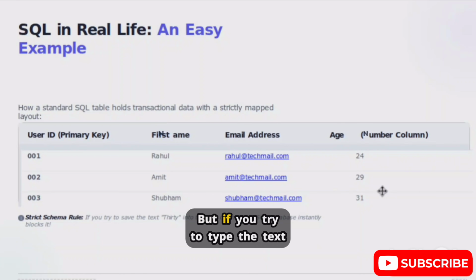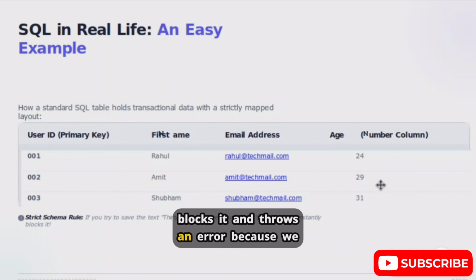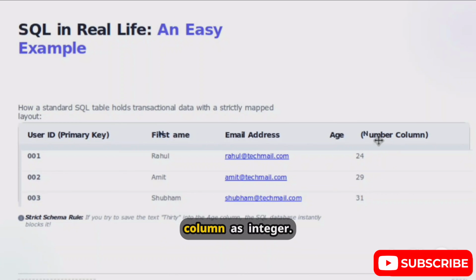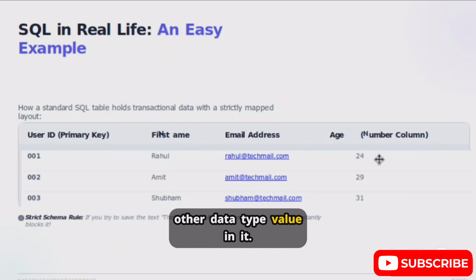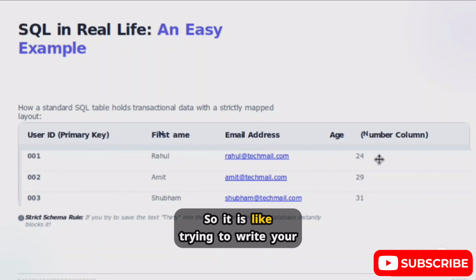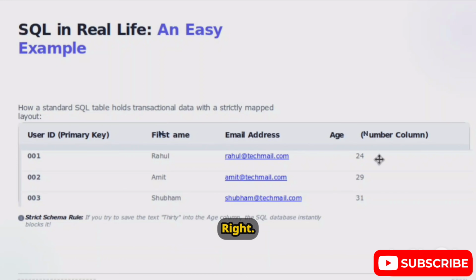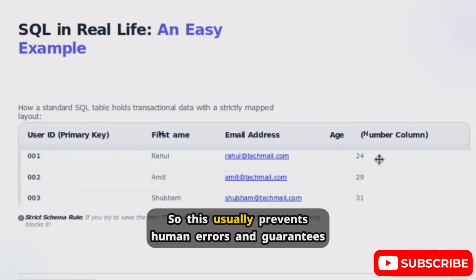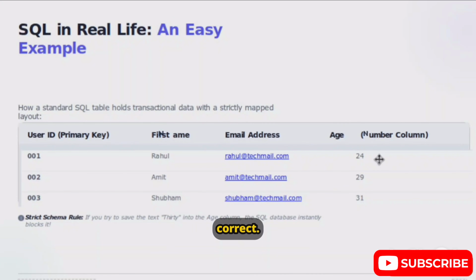But if we try to type text like 24, 29 using alphabets, the database instantly blocks it and throws an error, because we have already defined the data type of this column as integer. We won't be able to save any other data type value in it. It is like trying to write your name in the date of birth box on a government form. The system simply won't let you submit it. This prevents human errors and guarantees that your data is always 100% clean and correct.